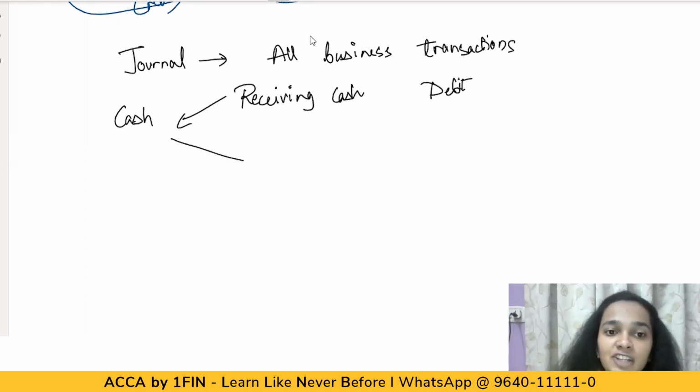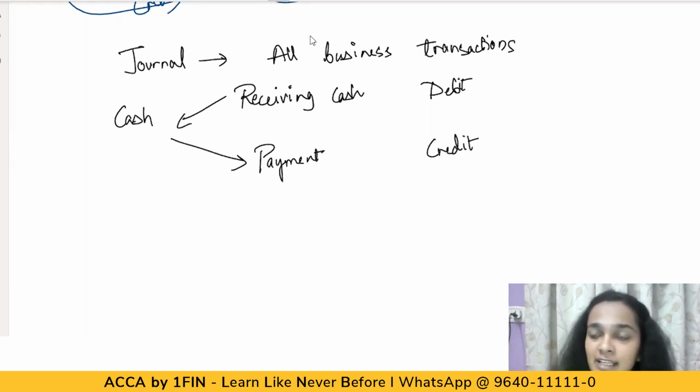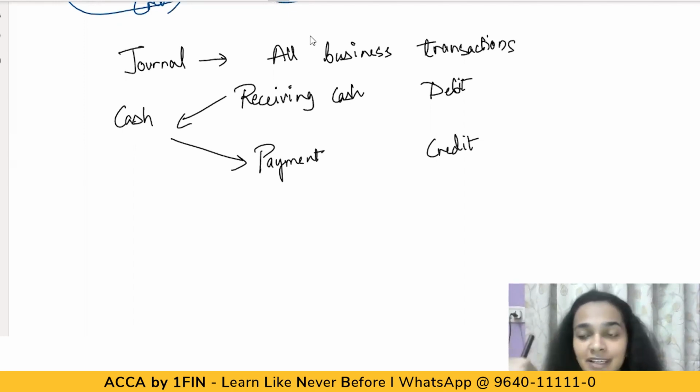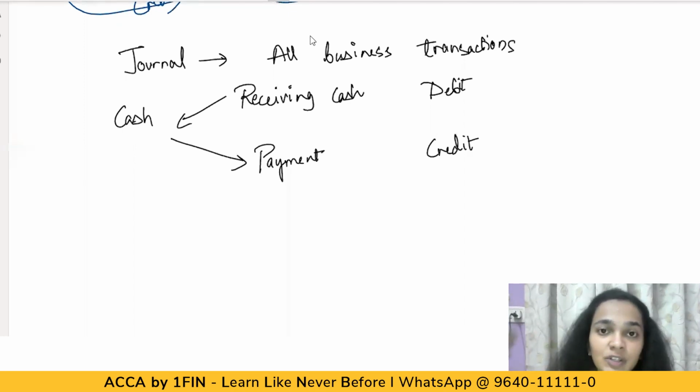And whenever cash is going out, whenever any payment is being made, we credit it. So one simple rule which we follow when we are dealing with cash or bank is, if we are receiving cash, we will debit cash account. If we are making payment, then we will credit it.